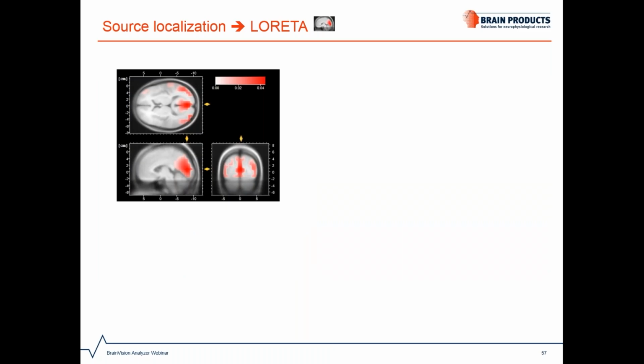One is to find the location of a source being active in a certain time interval. LORETA assumes distributed sources, which is why you see these patches highlighted. In contrast to this, there are techniques which, for example, assume point-like sources. Here the activity is localized in the parietal to occipital lobe.